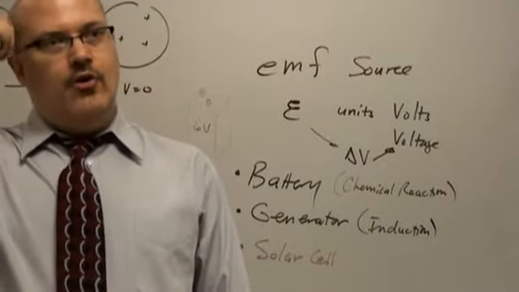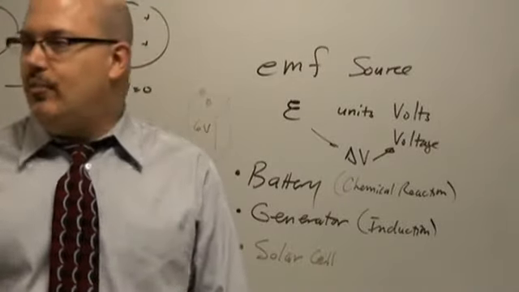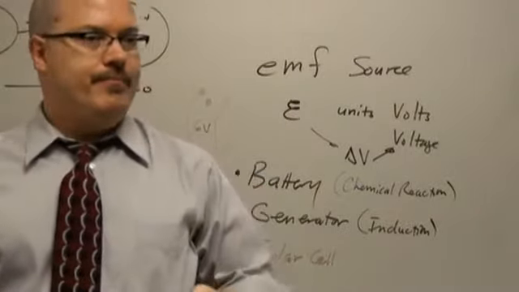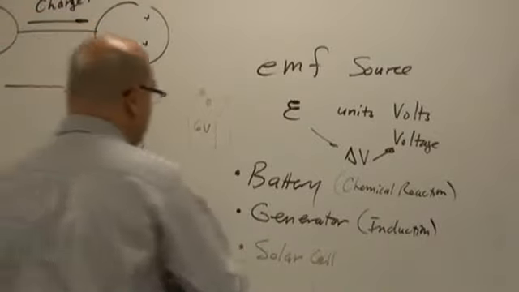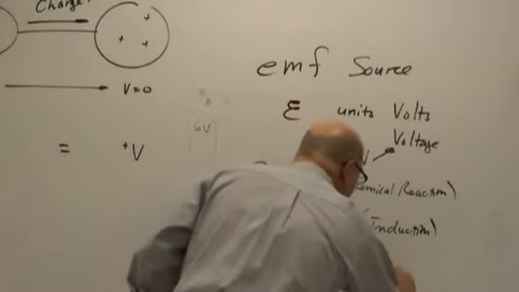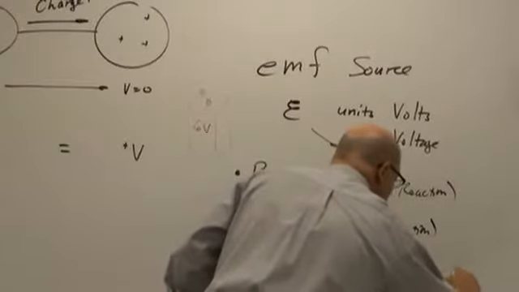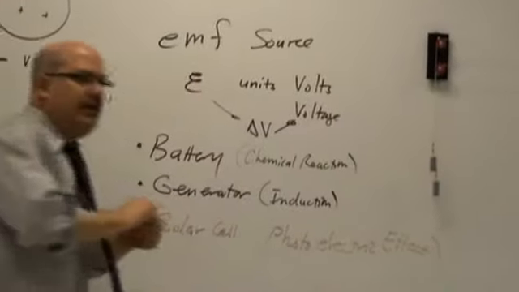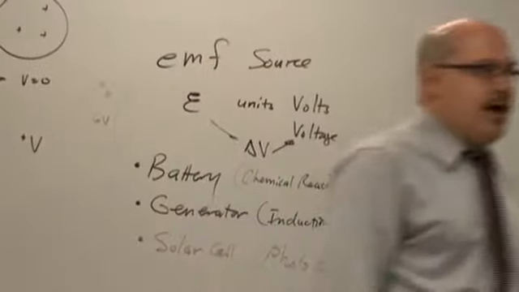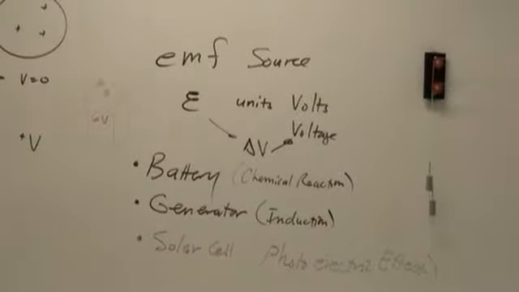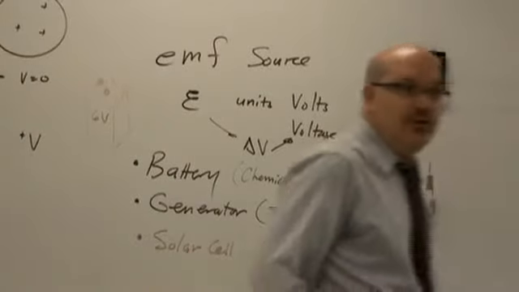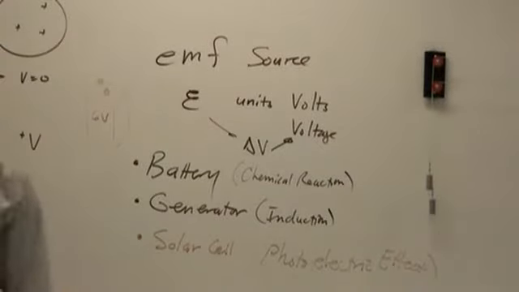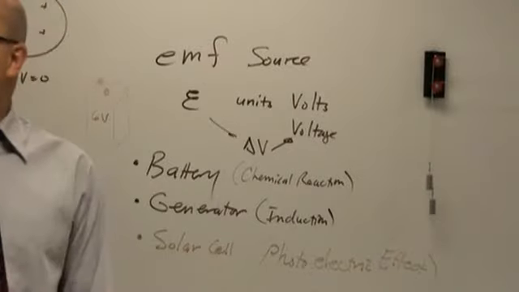A photovoltaic cell works on a process called the photoelectric effect, which we'll talk about near the end of the year. The photoelectric effect takes light energy, energy from photons of light, and converts it into a potential difference. So those are our three major ways that you will be familiar with and can use.